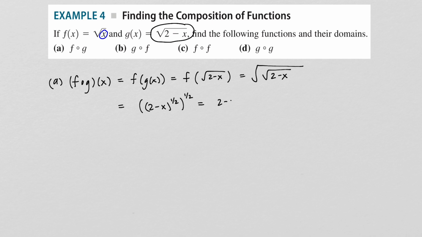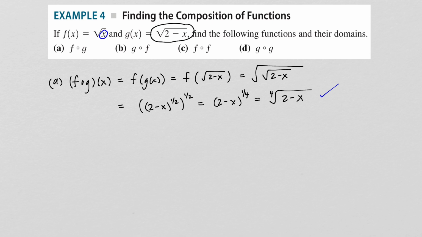And so this becomes (2 minus x) to the 1/4, right? 1/2 times 1/2. And that actually could be rewritten using an index of 4. So this is probably the best way to write it, but technically you could leave it like this, but this does definitely look better.